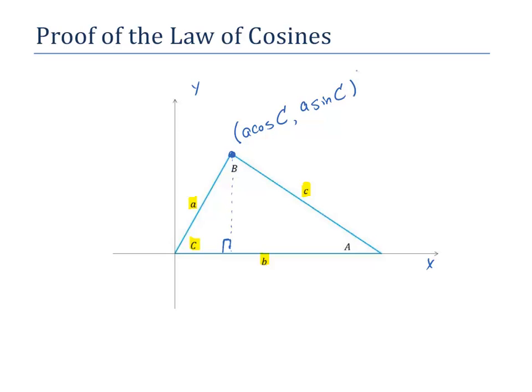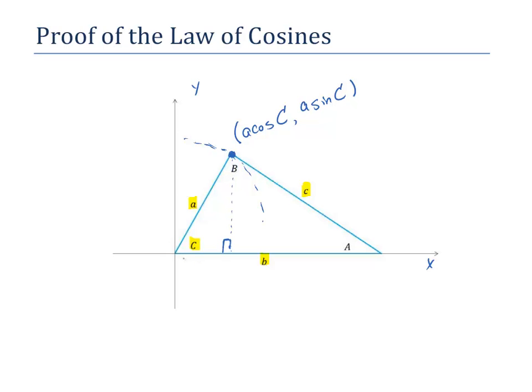It's because if you think of this point as being on the outside of a circle whose radius is A, then the coordinates of where that angle intersects a circle of radius A is A cosine C, A sine of C.